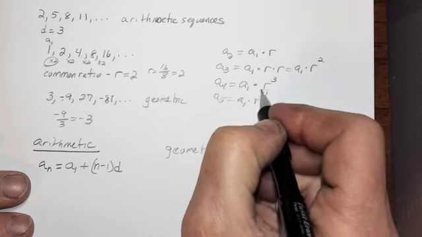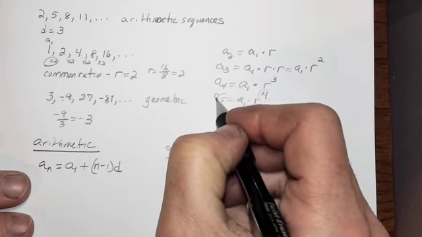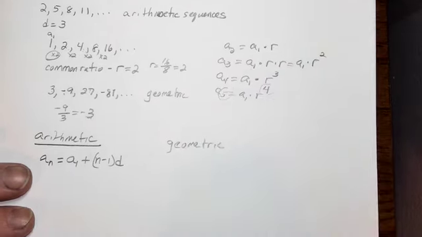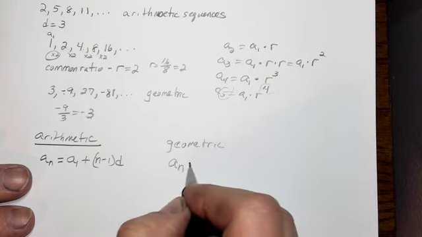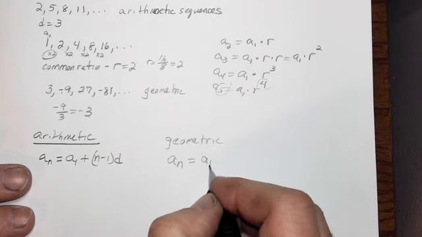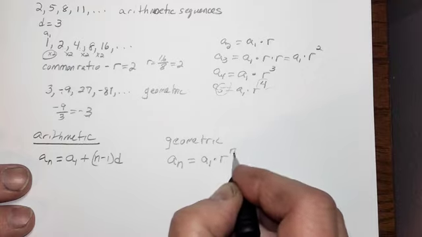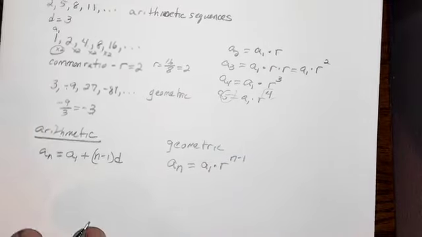And you can see that this exponent is one less than the term we're trying to find. And so it turns out the formula is a sub n is a1 times r to the n minus 1.